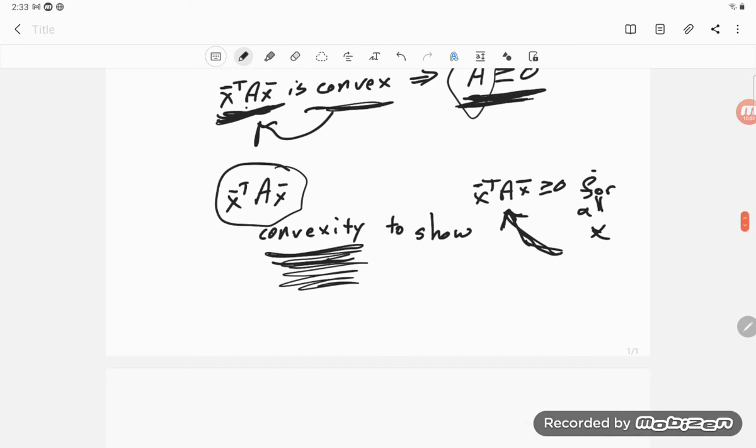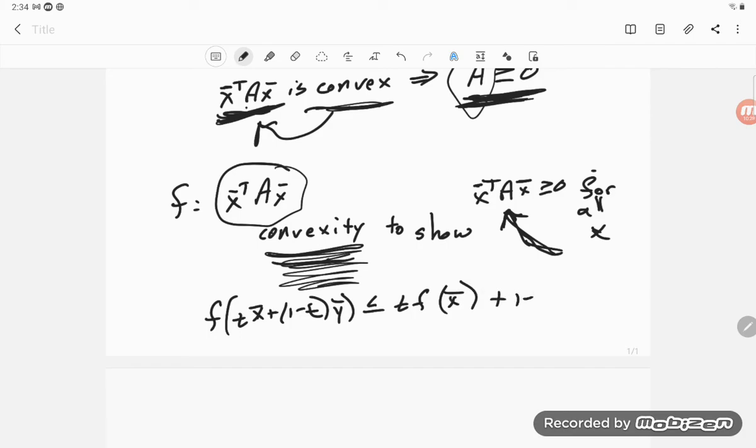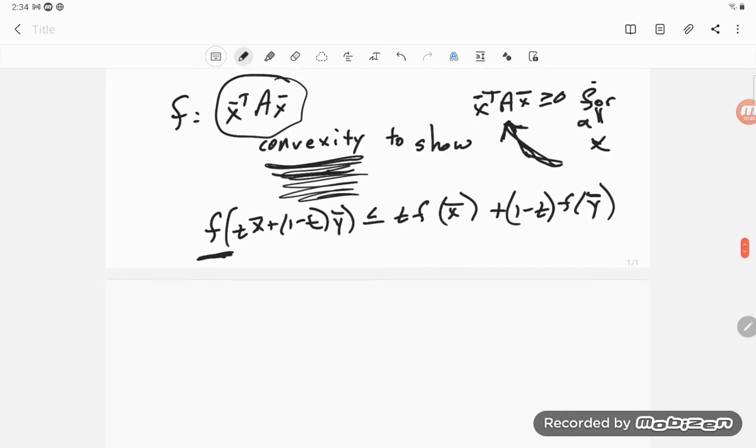If I call this f, then we've got f of Tx plus (1 minus T)y is less than or equal to Tf(x) plus (1 minus T)f(y). So convexity is about the function.